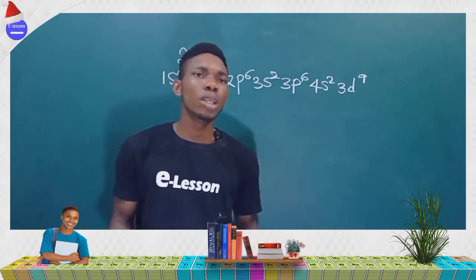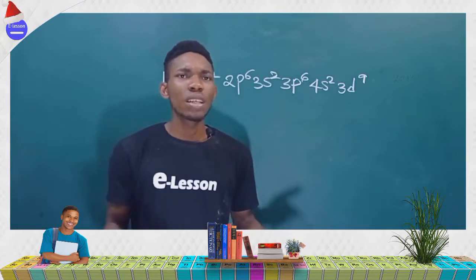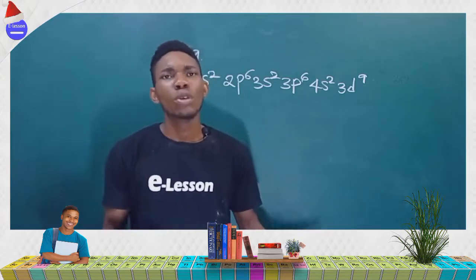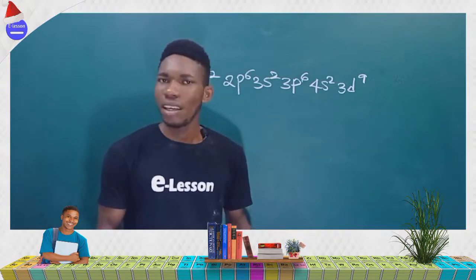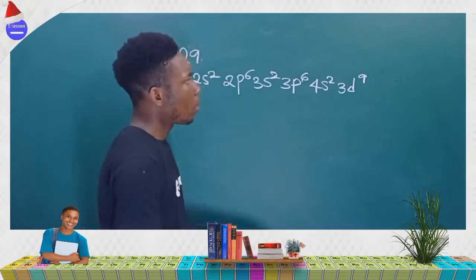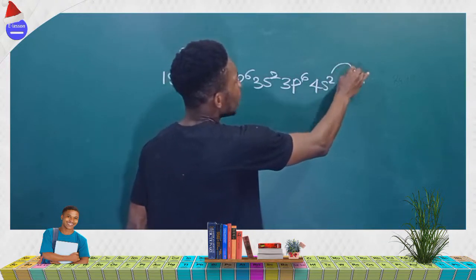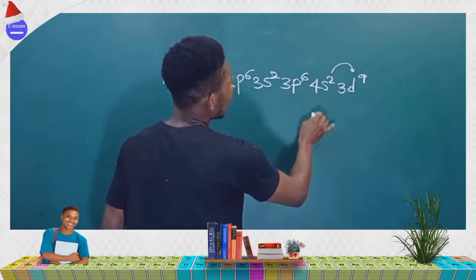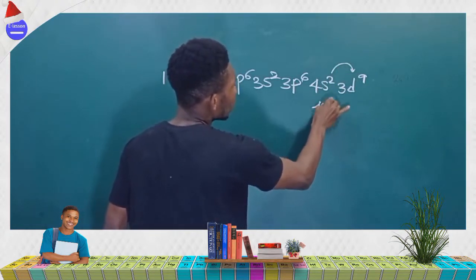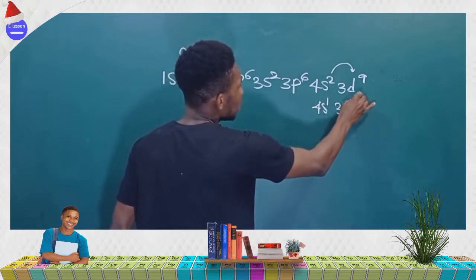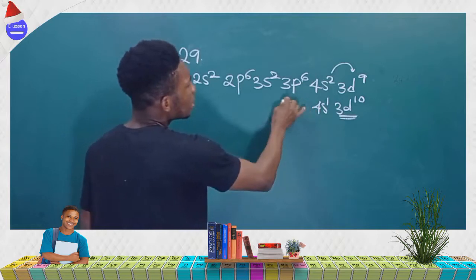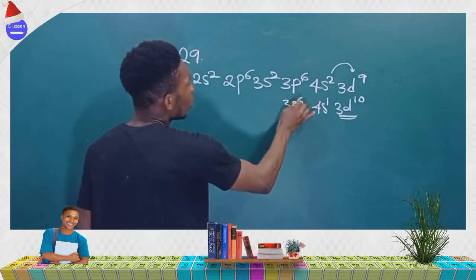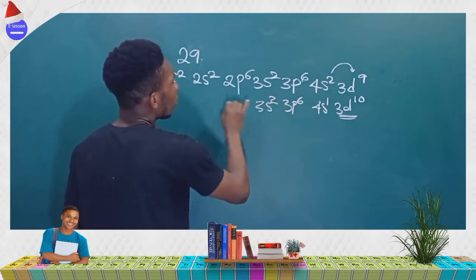If you can just promote one electron to make it more stable, why not do it? That is what is happening here. So we promote one electron from here to this place, and the electronic configuration becomes 4s1, 3d10. So this is the most stable electronic configuration for copper.